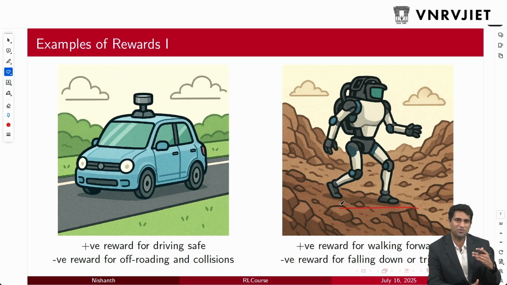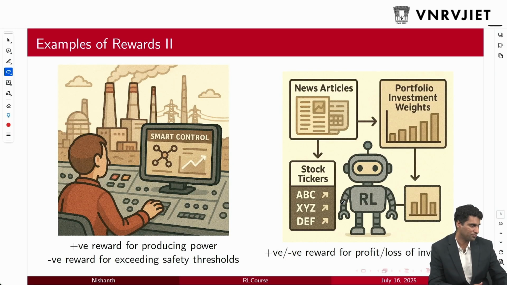If we want to design an RL algorithm which can make this robot walk, then we can define a reward function where we give positive rewards as long as the robot keeps moving forward, and we give negative rewards if the robot is losing its balance or falls down. So these are some examples.